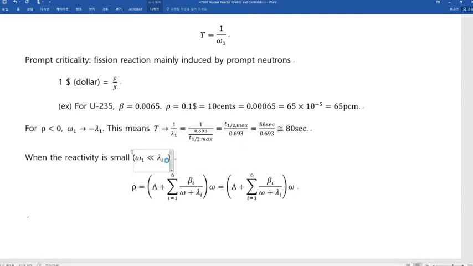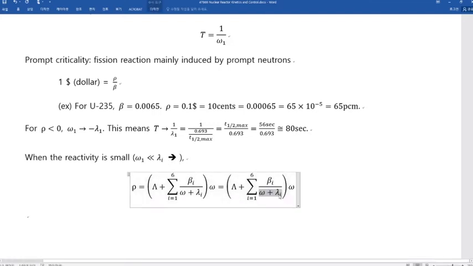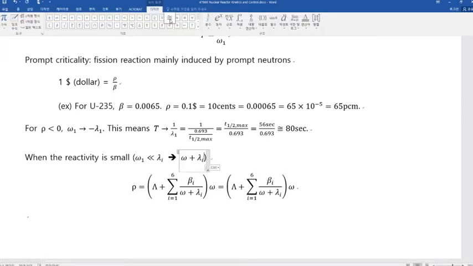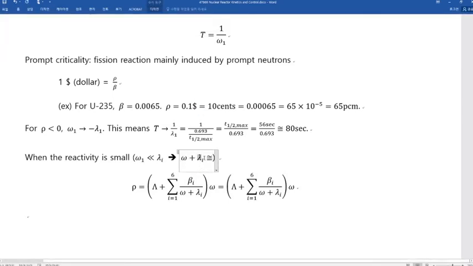Of course, this means that omega plus lambda i can be approximated simply with lambda i.